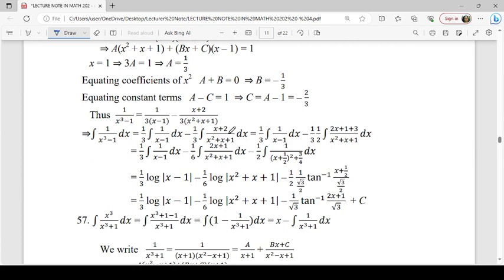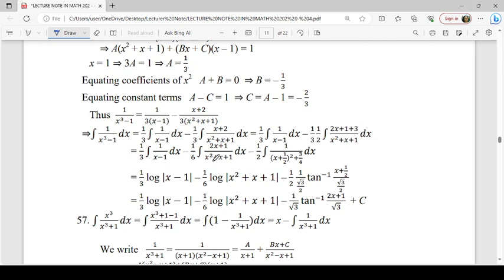So x plus 2 is here, and we need twice x plus 1, so we make this twice x plus 4 and divide by 2. So 1 by 3 becomes 1 by 6. This is twice x plus 4. Because we need only 1, this 4 we are breaking again.